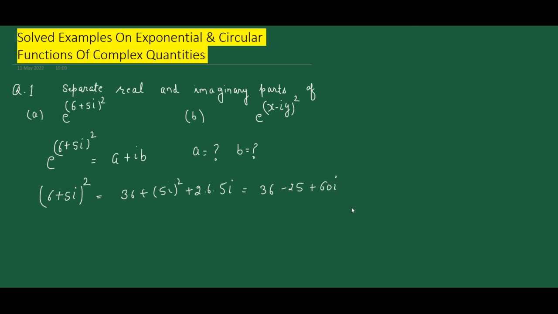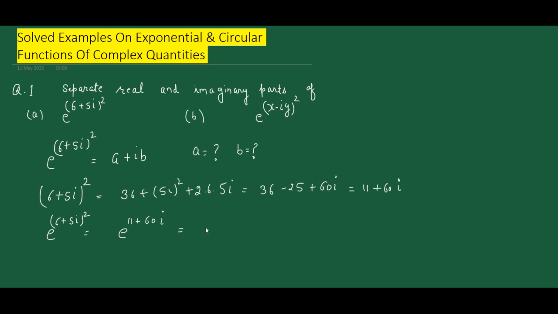Okay, so this turns out to be 11 plus 60 iota. Now substitute the value of this complex number in this function. So this will be e raised to power 11 plus 60 iota.